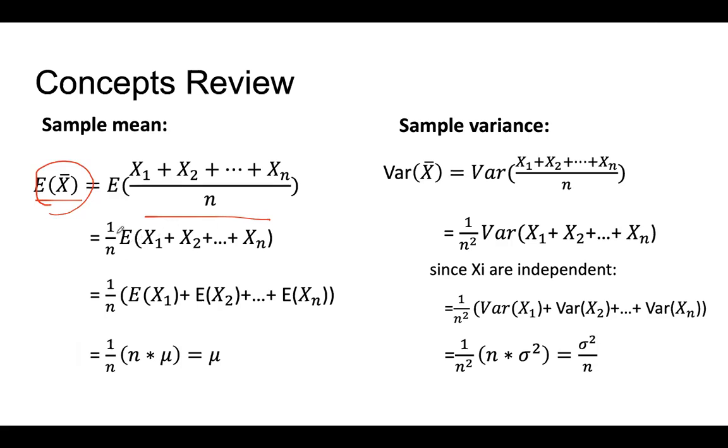By the linearity of expectation, you can just put the 1 over n outside. And here the expectation of A plus B is the expectation of A plus the expectation of B, right?